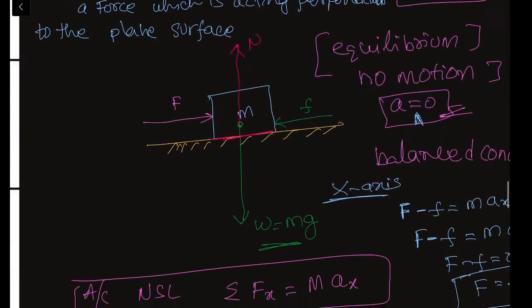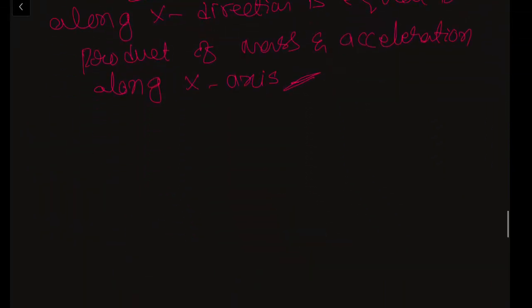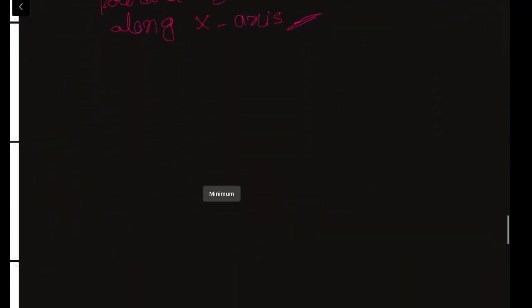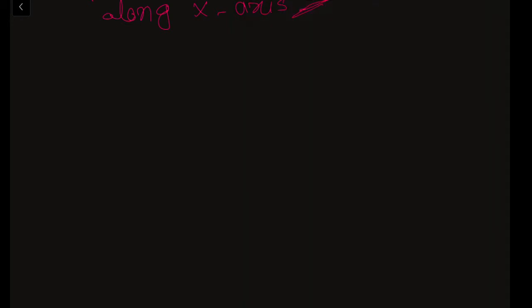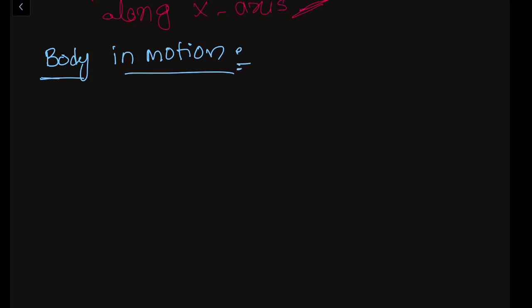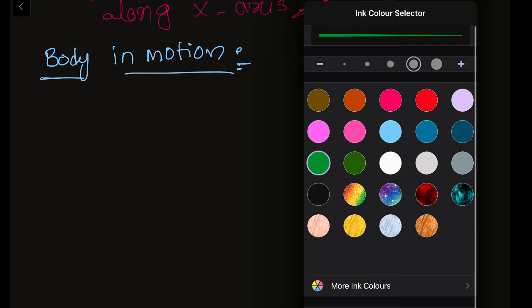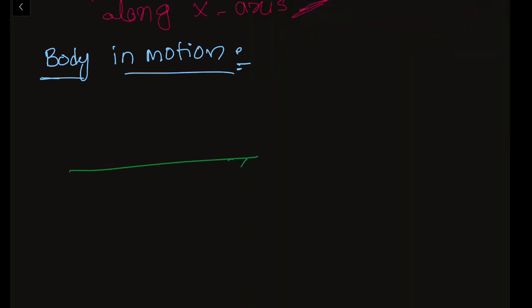Object is at rest. Suppose the body is in motion, very, very important. The body which is in motion, how can we get friction force and so on? Now we have to take one body on the surface.